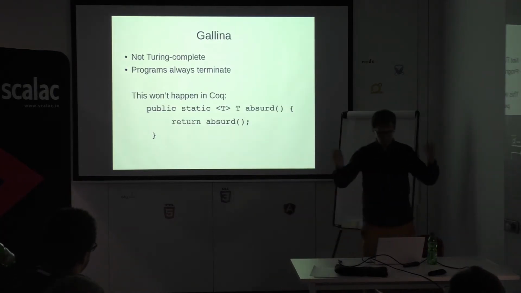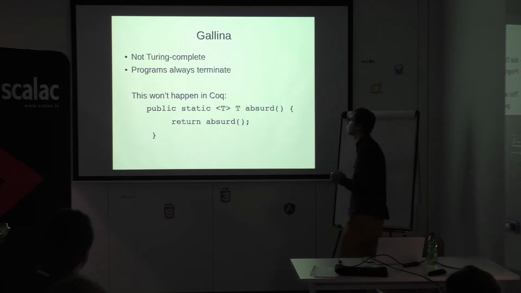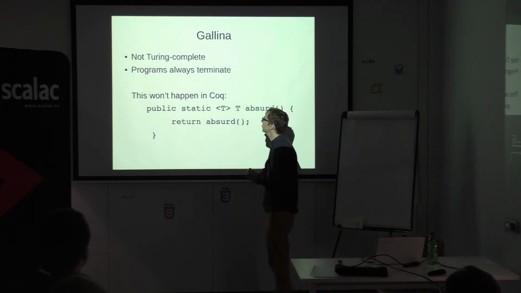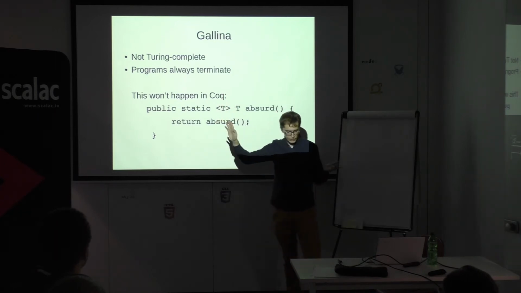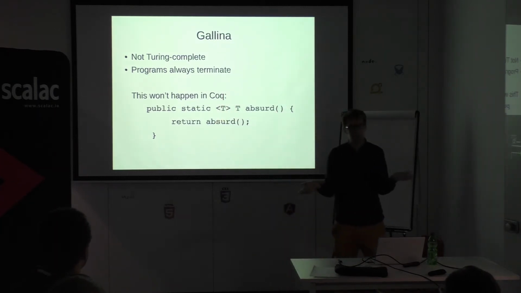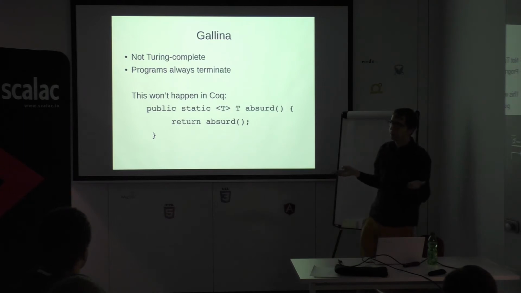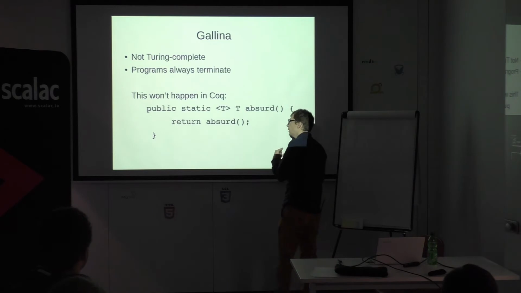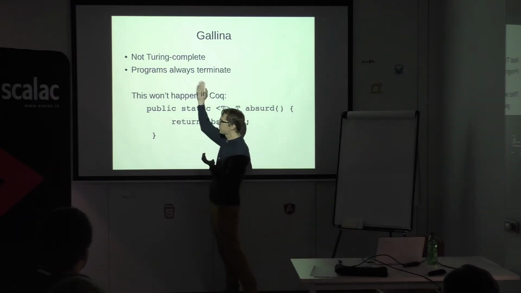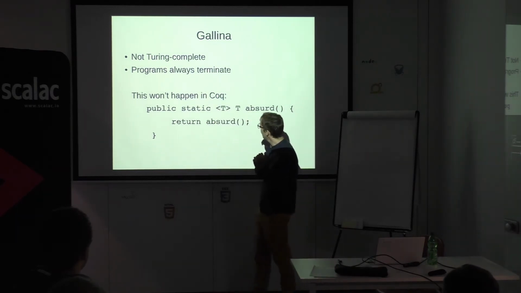And so what is Gallina? What is this language? First of all, it's not Turing complete. I guess most programming languages in use are Turing complete, and this one is not, and this is on purpose. This is because we want programs always to terminate. And why is that?